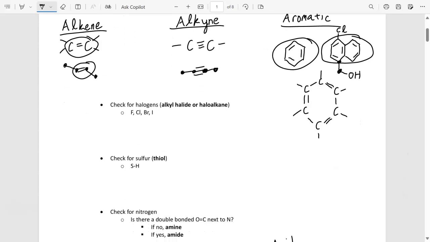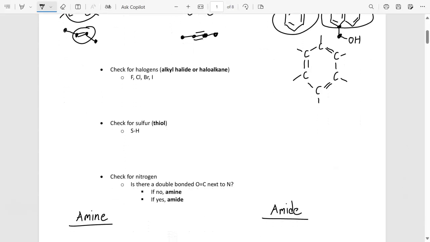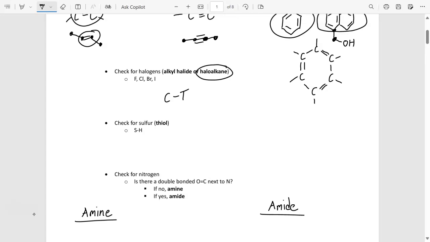Okay, next we have the haloalkanes, and for your textbook, I believe the word haloalkane is usually used, but there is an alkyl halide. Both names mean the same thing. So these are also pretty easy to spot. If you spot a fluorine, chlorine, bromine, or an iodine at all, that's automatically a haloalkane, and anything can be connected to that carbon.